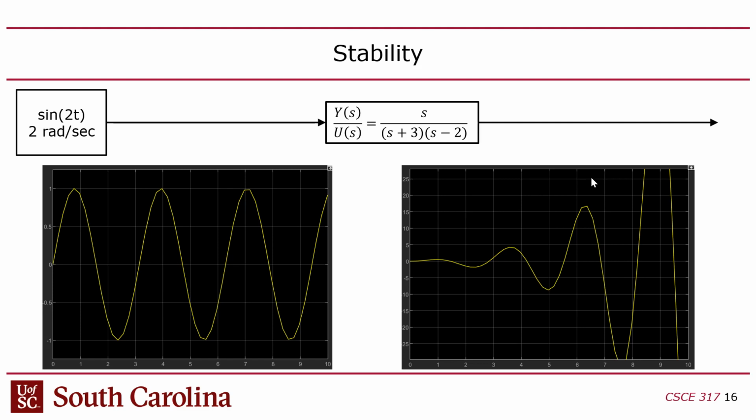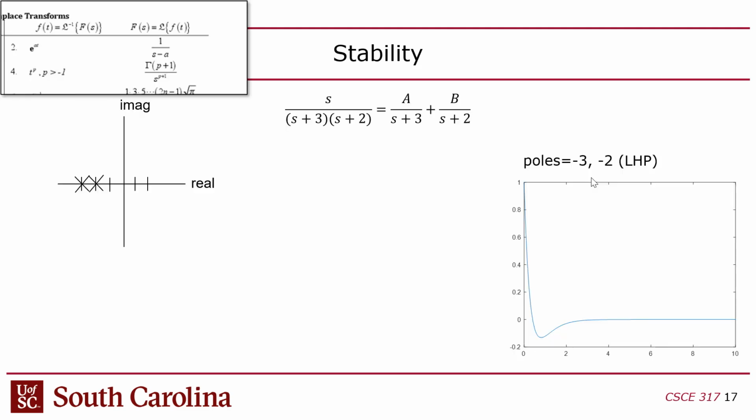You can see that's the input now, and the output blows up. It is possible to hit this with a frequency that doesn't cause it to blow up, but the one I picked, 2 radians per second, does make it blow up. This is a little harder to solve on paper, which is why I just simulated it.